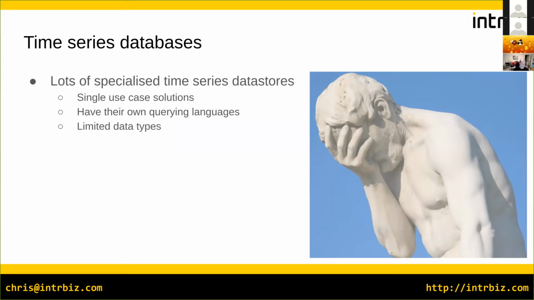So one of the big questions when we talk about using Postgres, being a very general purpose database, is why we shouldn't use a more specialized database. There's a number of specialized time series data stores out there, such as Influx and Prometheus, to name just a couple. And I'm always a bit against these single use case solutions.